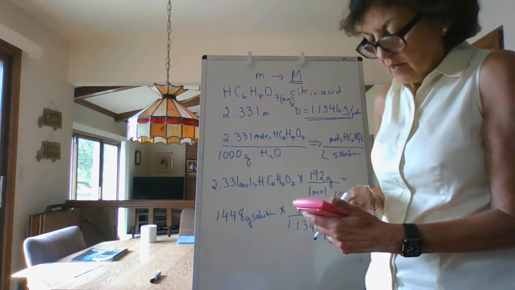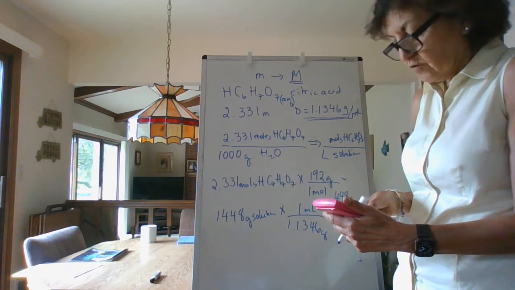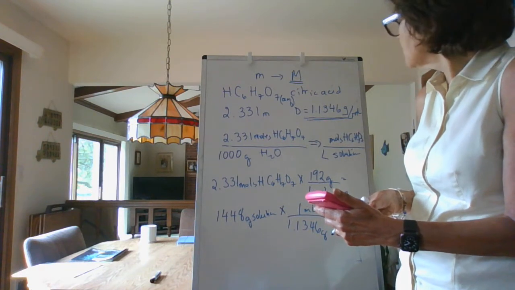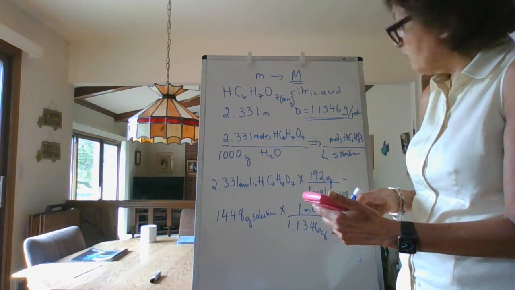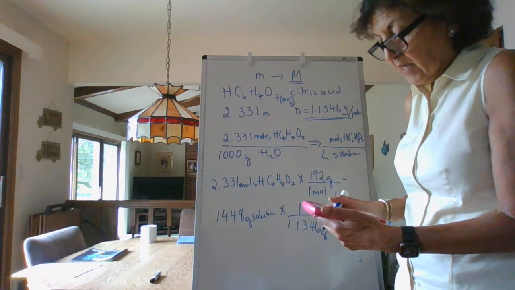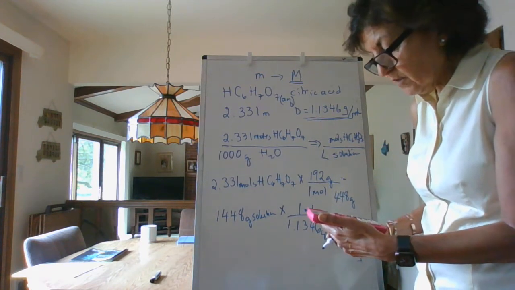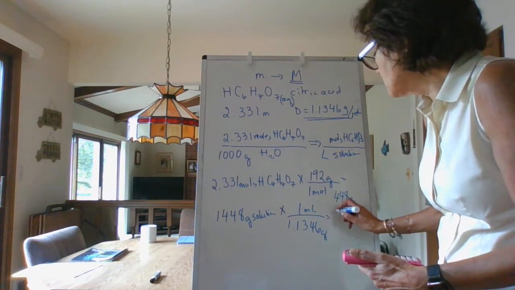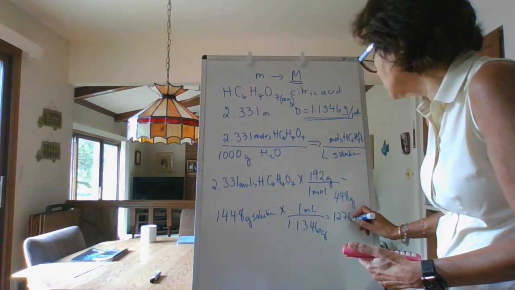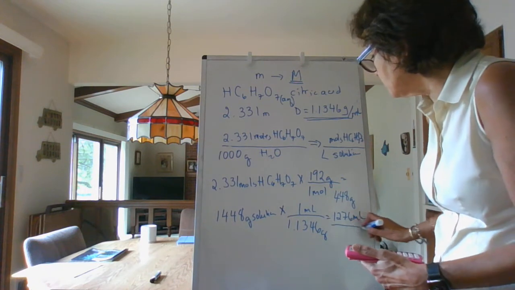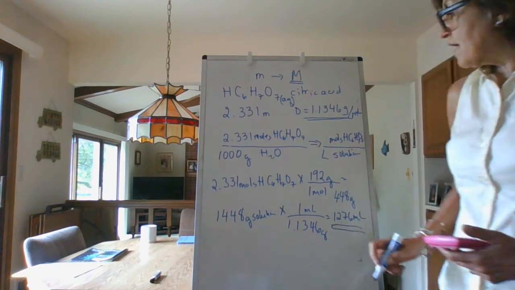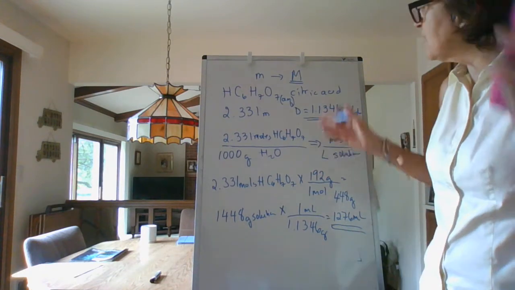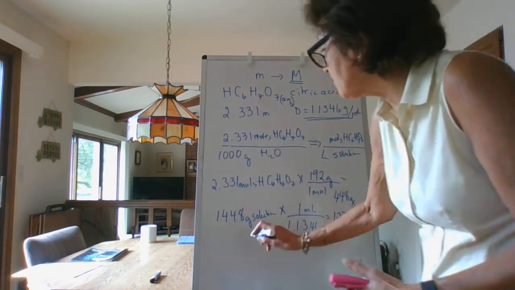So I'll go 1,448 divided by 1.1346, and I get 1,276 milliliters. So 1,276 milliliters. That's the volume of the solution. So now all I have to do is take the moles divided by the volume in liters, and boom, I've got molarity. So I'm going to do that.